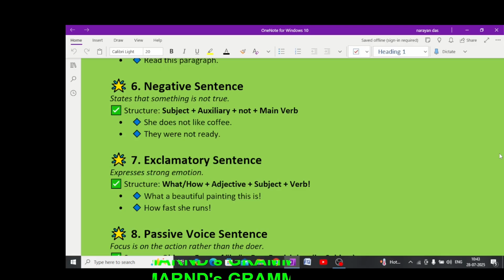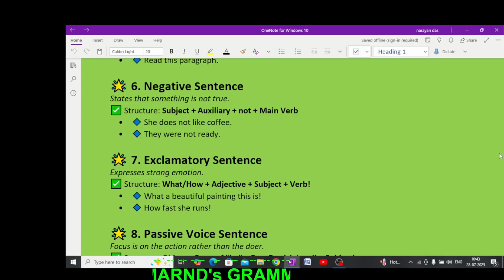Now, exclamatory sentences. They express strong emotion, fear, surprise, etc. There are lots of emotions and lots of exclamatory phrases or words.